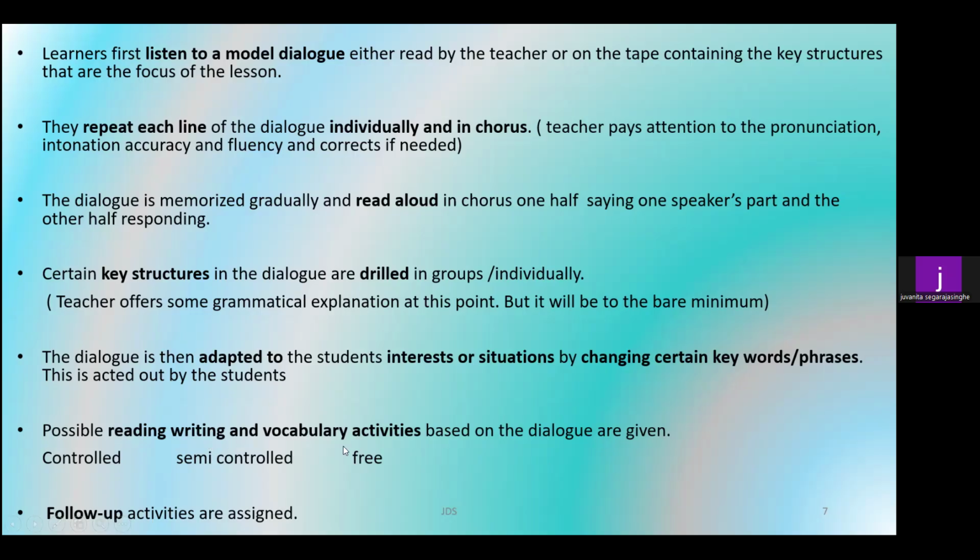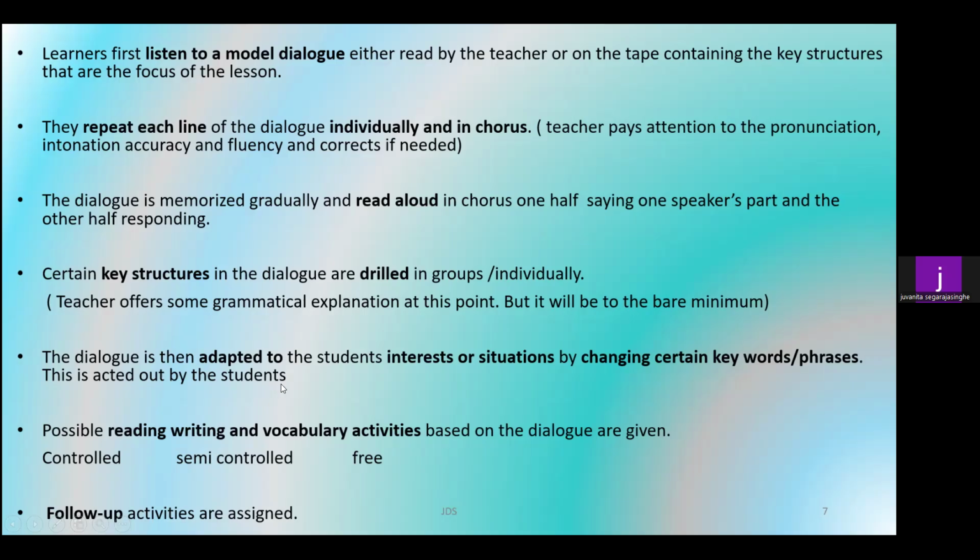Possible reading and writing vocabulary activities, that is basically we are moving from the presentation stage with this 1, 2, 3, 4. With the fourth bullet, the basic presentation process is finished. After that, according to the learner level, the teacher can adapt it.